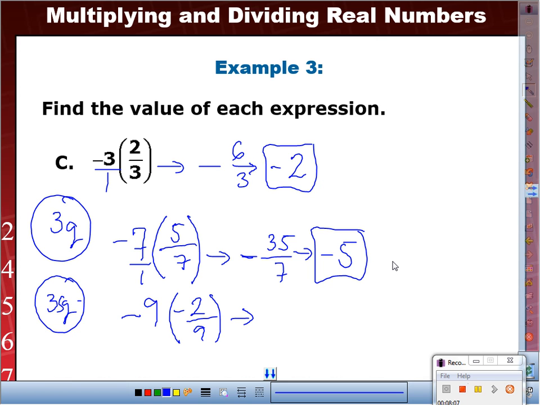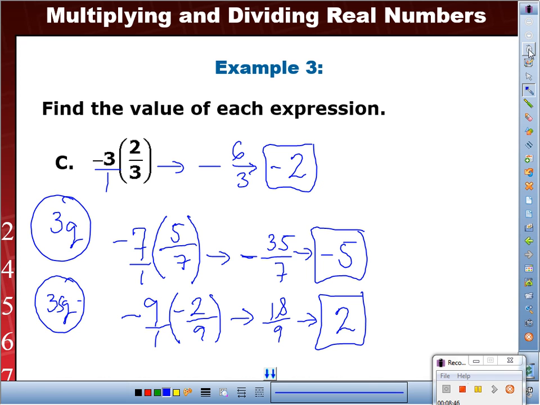On 3, everyone. 1, 2, 3. 2. That is correct. So this is over 1. The correct answer for these is a positive. This is 18 divided by 9, and this is 2. Are we there so far? Okay? So, with that said, let's continue.